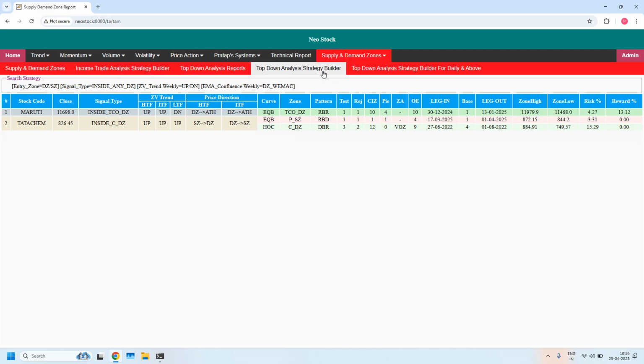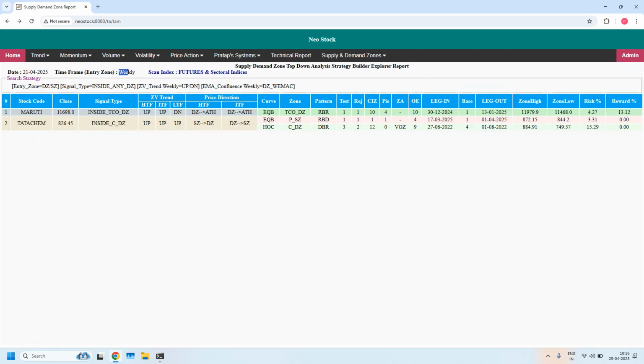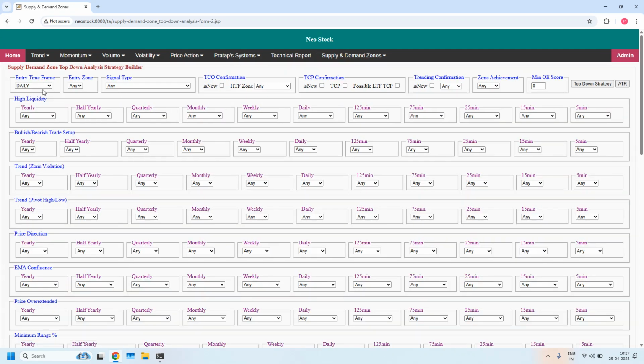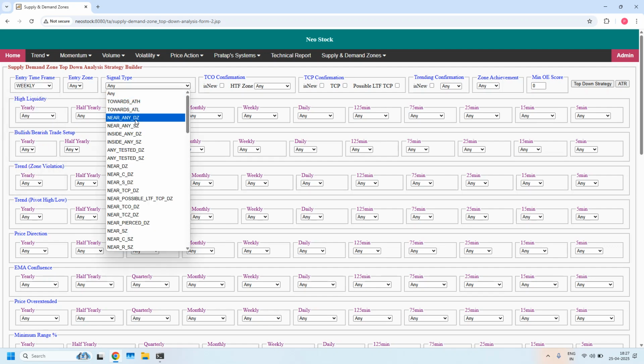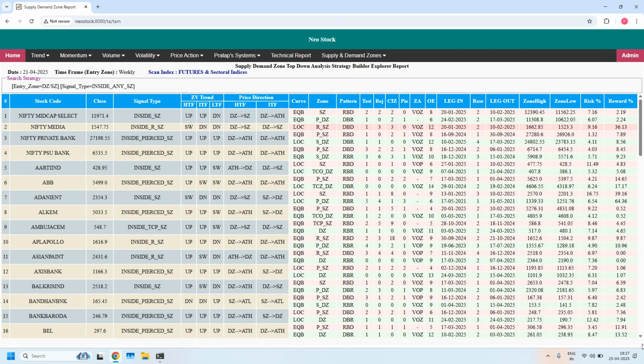Okay, next, weekly time frame. Price closed inside the weekly supply zone. First 16 stocks in the list.